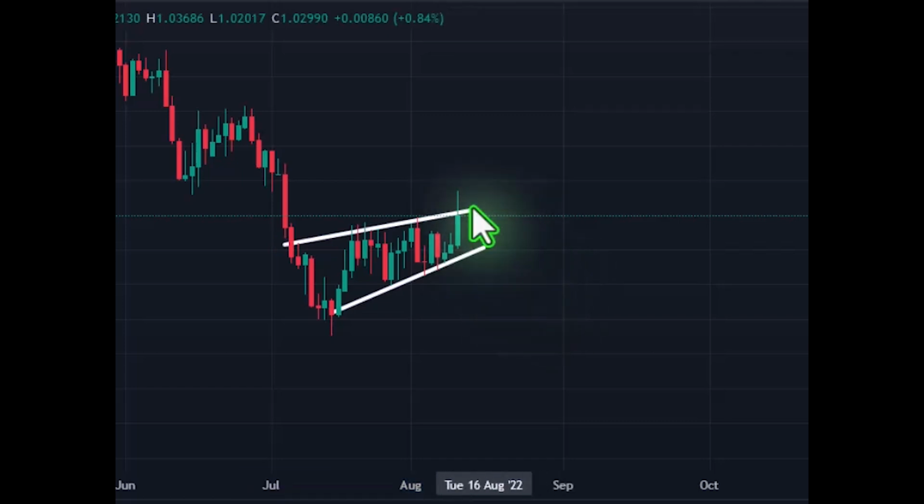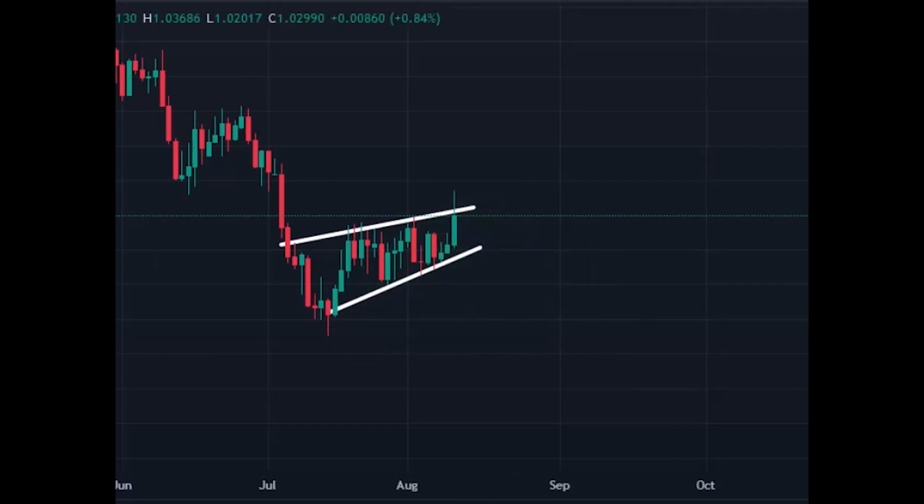So this is a continuation pattern. How do we enter this trade? It is the same as the previous rising wedge, but this is an example of a continuation pattern. So when we have something like this, we also look out for a breakout. At the same time, our target level is from the resistance all the way down to the support.